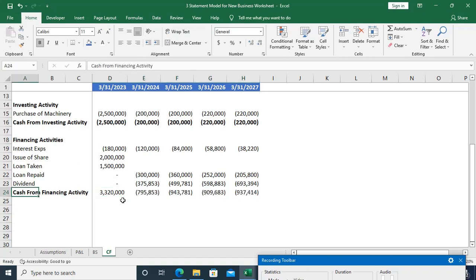Control R. Cash from financing activities. We have done now cash generated during the year. How much cash was generated during the year? Let us calculate now.